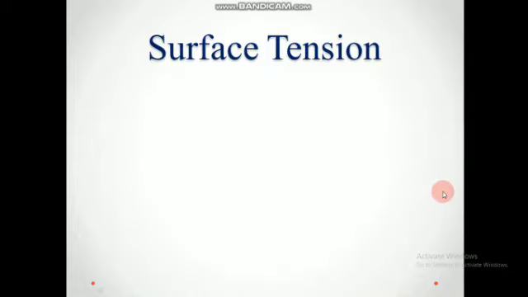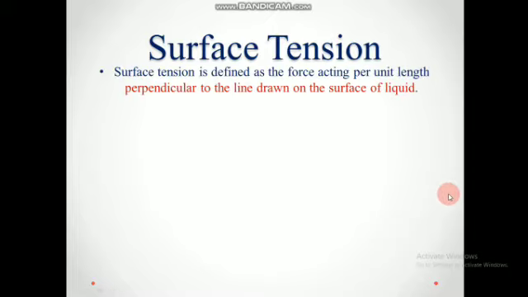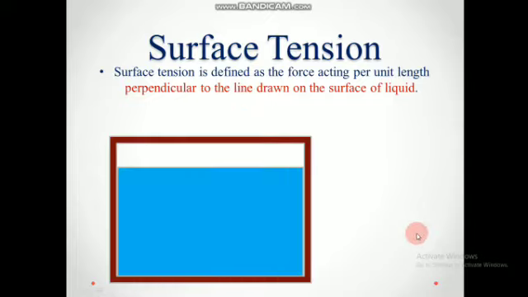If we try to define surface tension, it is the force acting per unit length perpendicular to the line drawn on the surface of the liquid. So we will see that. This is the particle which is there on the surface, and the net force will be perpendicular to the surface, right? So the force will be acting in this direction, so the net force will be perpendicular to the line drawn on the surface of the liquid.